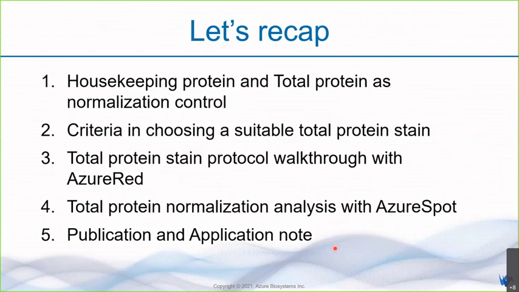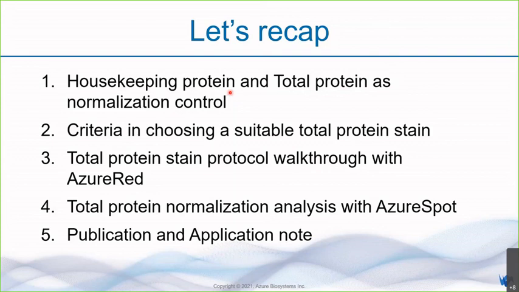Right, so let's recap what we have talked about today. Firstly, we talked about the differences between housekeeping protein and total protein as a normalization control in your Western blotting. We said there are a lot of issues that we have observed using housekeeping protein, which you might not observe right now, but will be very significant in the future, especially if you are, let's say, changing to a new lab, testing on a different sample, or collecting at a different time.